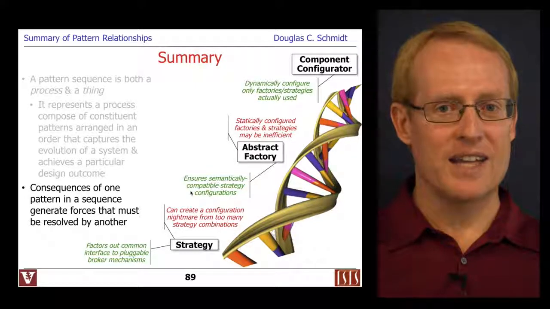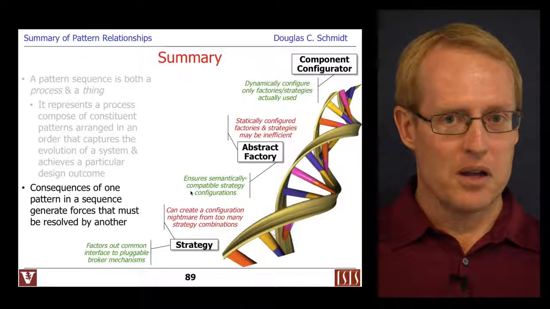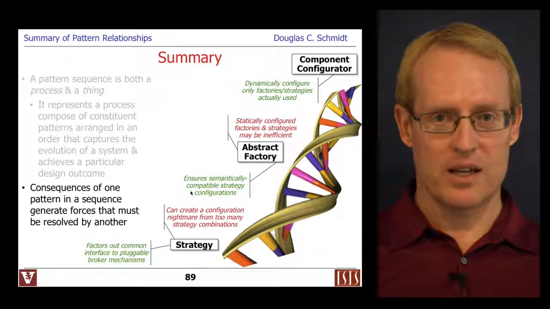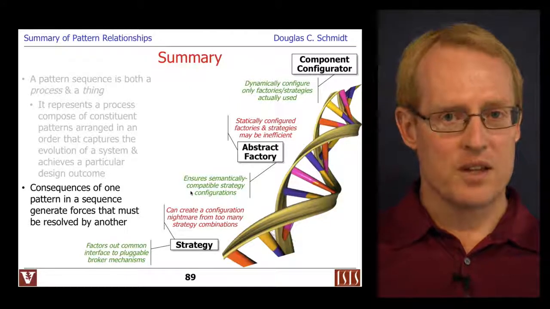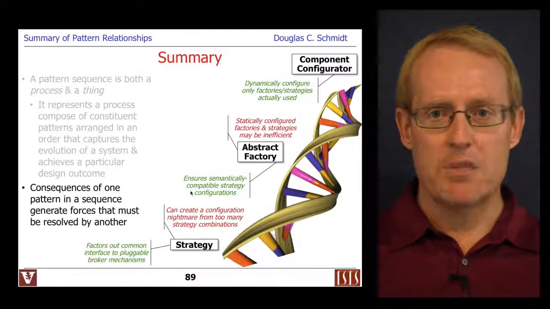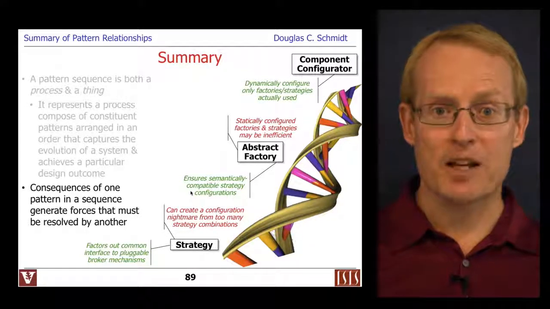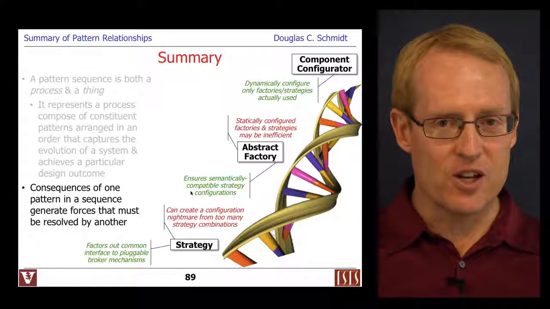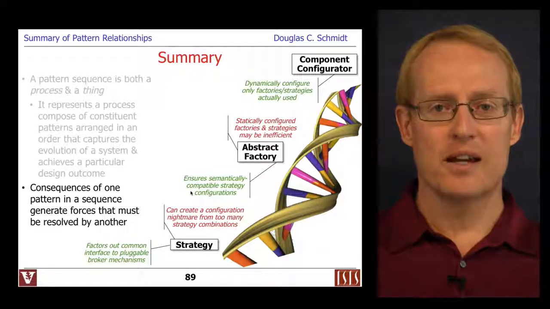So we applied the component configurator pattern to be able to address that particular consequence as part of its context. And what it yielded was a design that was able to be expanded and contracted much more readily and even dynamically as the particular domain context or runtime environment dictated.